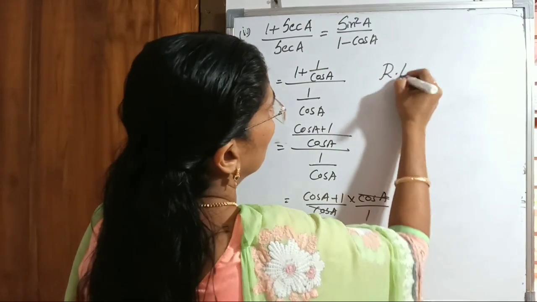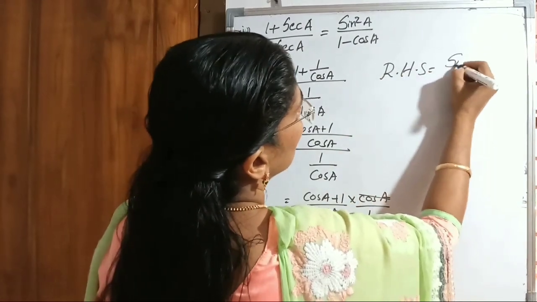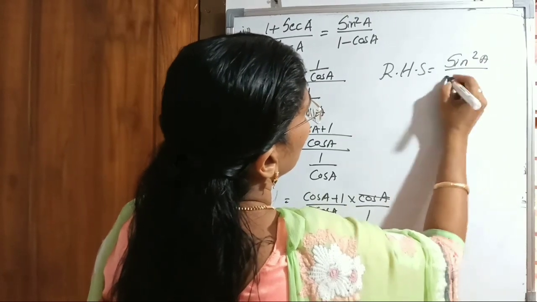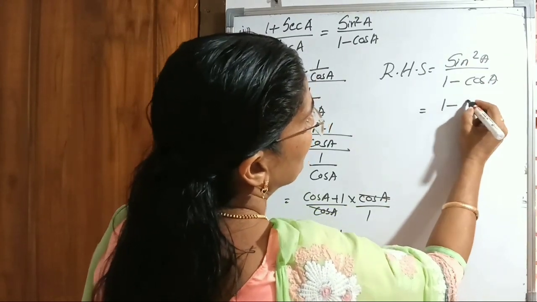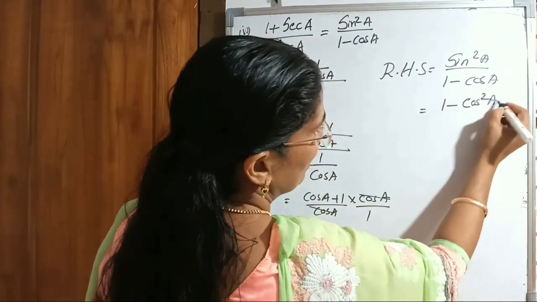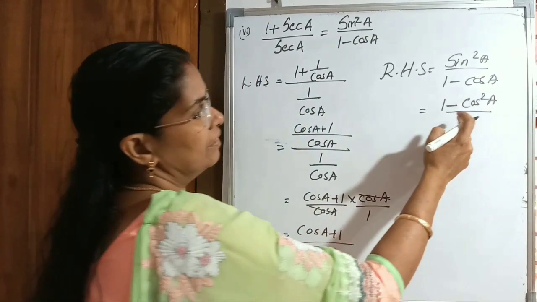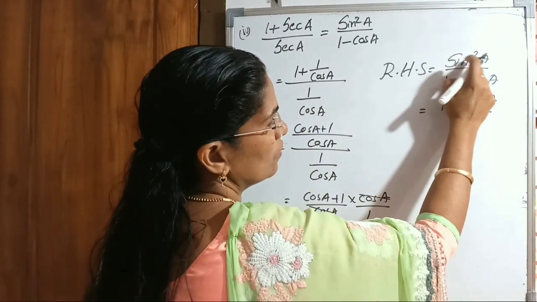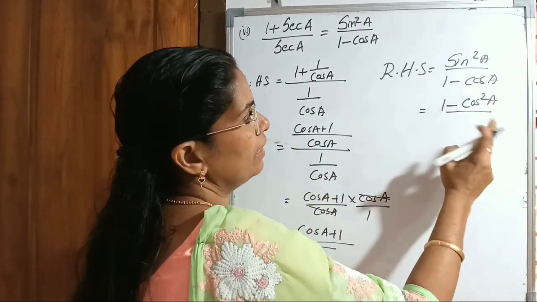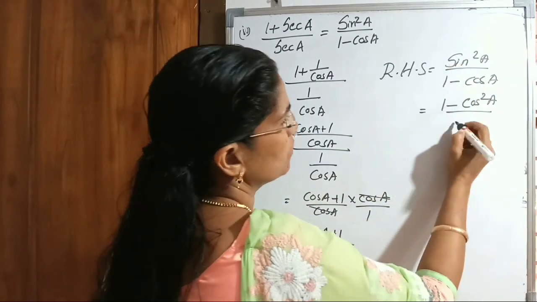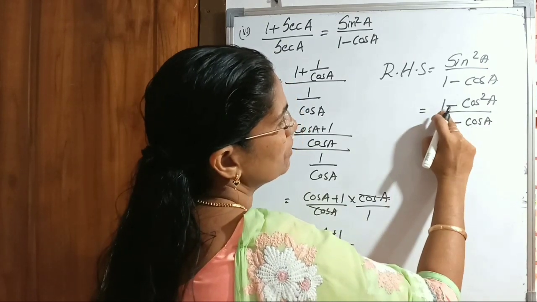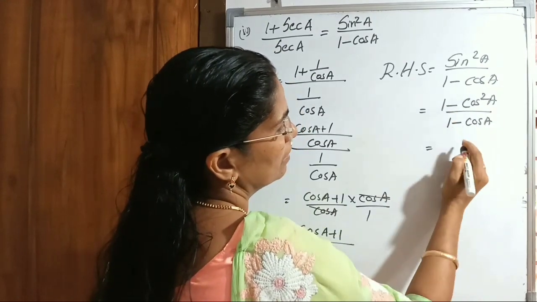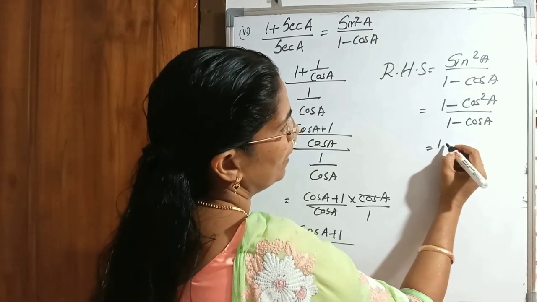Now we are taking the right side, RHS: sin square a by 1 minus cos a. Sin square a is equal to the identity 1 minus cos square a. Last day we learned sin square a plus cos square a equal to 1, or sin square is equal to 1 minus cos square a, divided by 1 minus cos a. It is in the form a square minus b square, which is a plus b into a minus b.